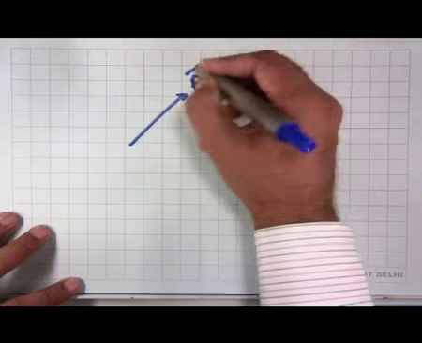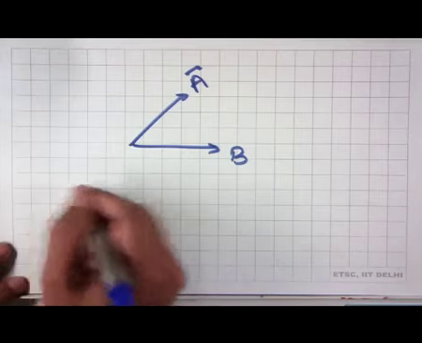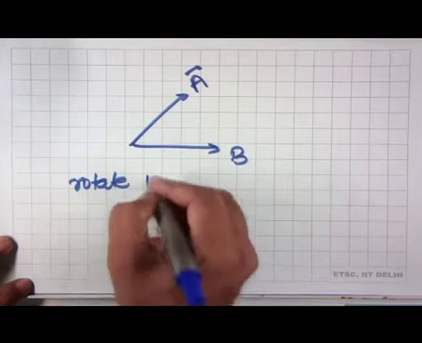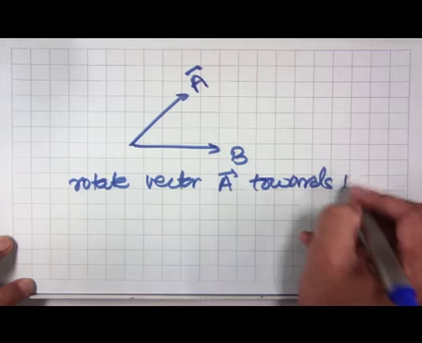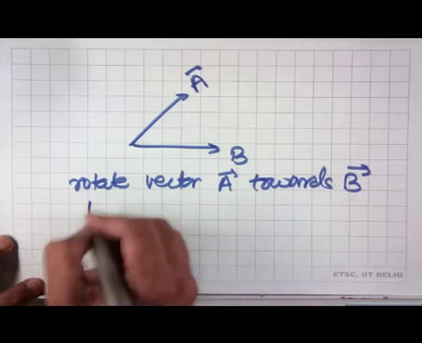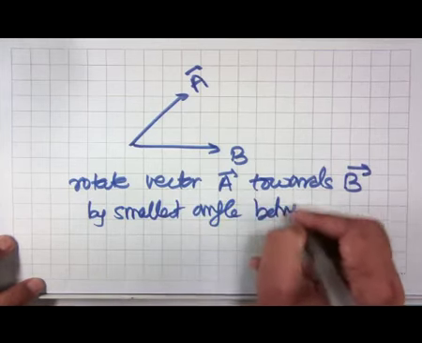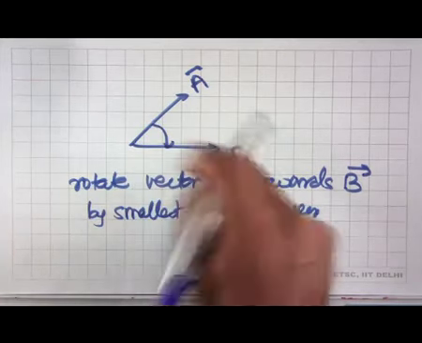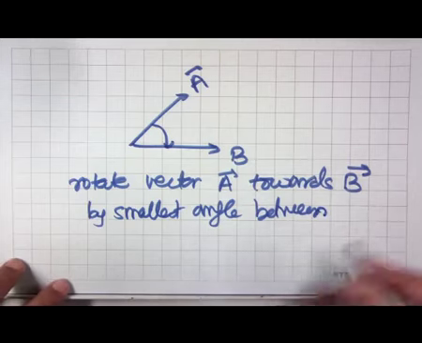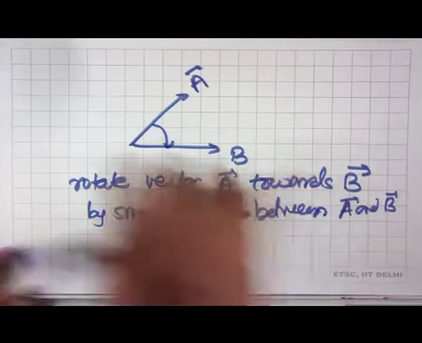What we do is we have the vector A and the vector B. We rotate the vector A towards B by the smallest angle between them. Once again, we look at the smaller of the angles between A and B. The other angle will always be a reflex angle. So, we rotate A towards B by the smaller angle.